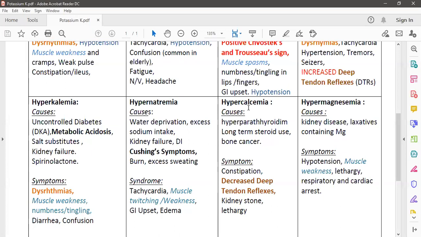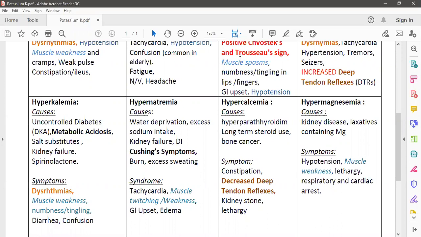Going back, what are the common causes of hypercalcemia? A common cause is hyperparathyroidism, because the parathyroid gland secretes calcium. If the patient has hyperparathyroidism, they have excess calcium in the body.